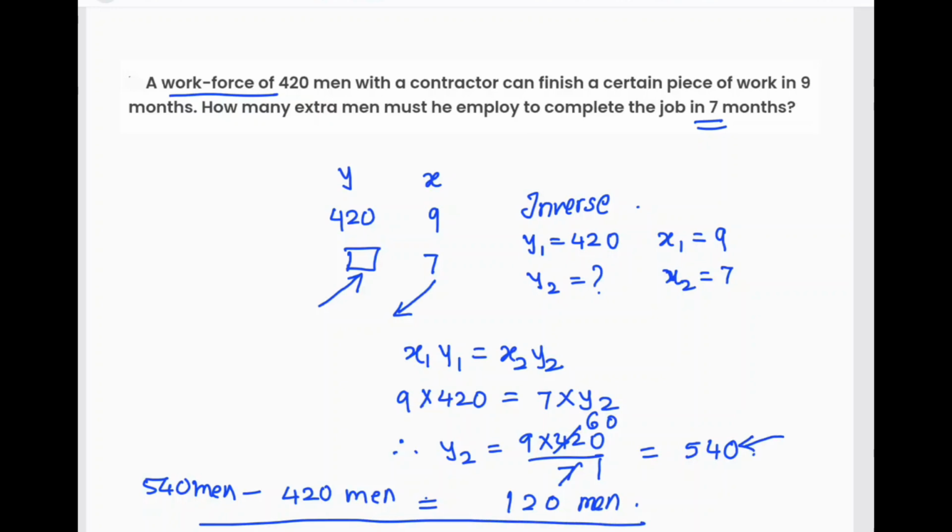See, to get the answer, 540 is not sufficient. How many extra men must he employ to complete the job? So what is extra? That is the difference. So 540 minus 420, that is 120 men are required.